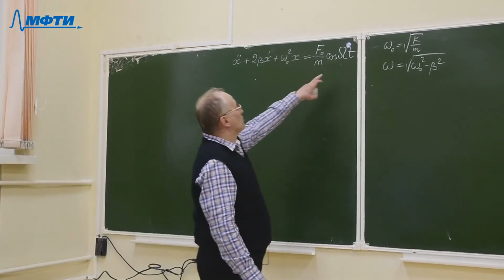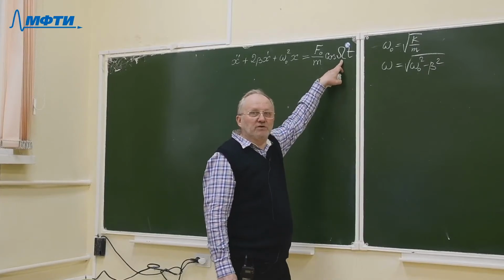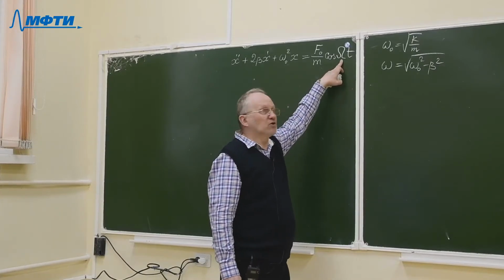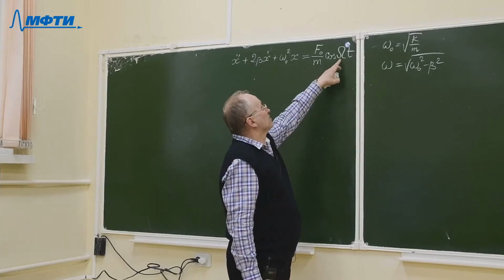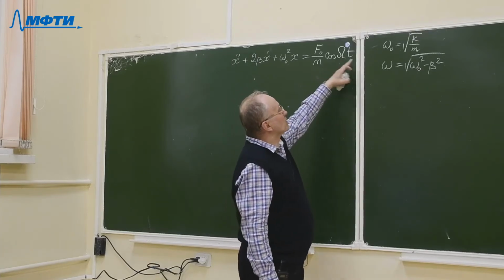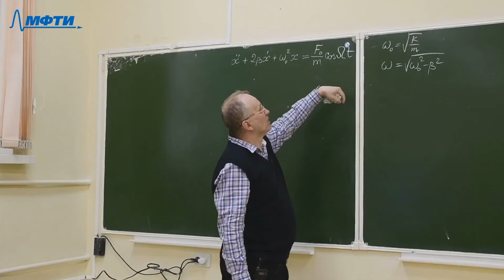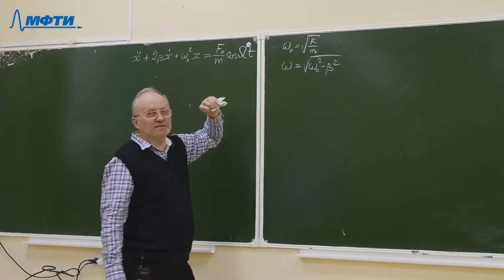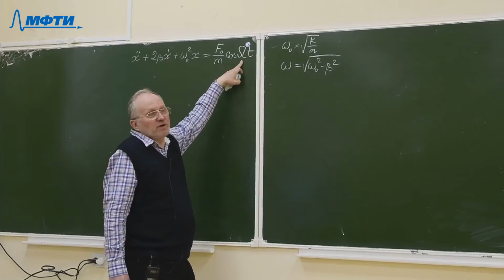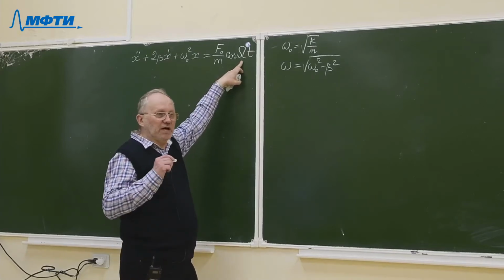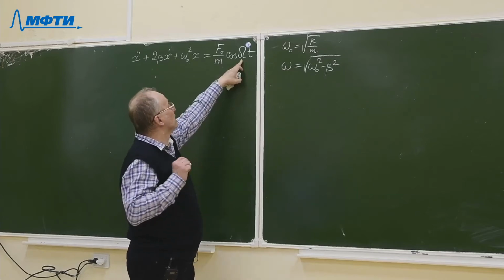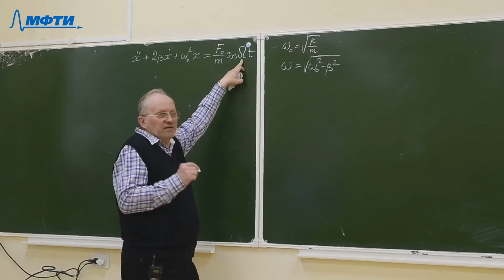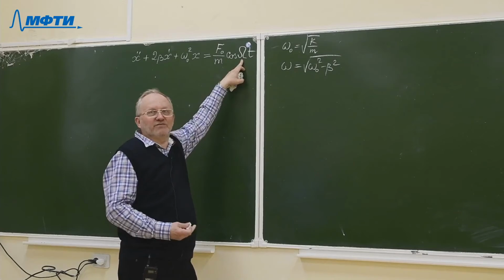This is the frequency of the external force acting on the oscillating body. The frequency of the external force should not necessarily coincide with these frequencies which we have already considered. It's a different frequency. It may be any frequency, because an external force may push the oscillating body at any frequency. I define this frequency by myself.